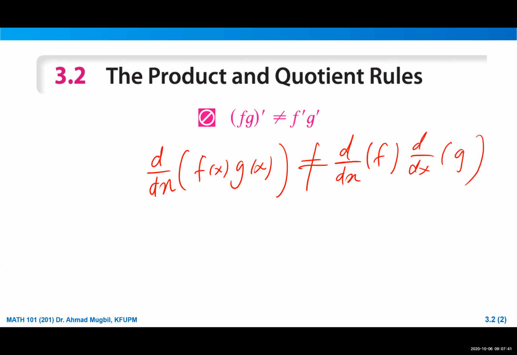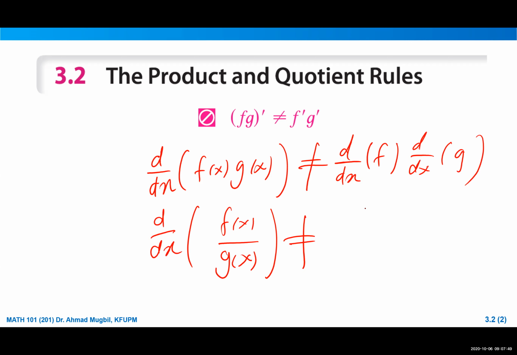You cannot distribute the derivative over the product. The same goes for the quotient. If you have f over g, the derivative is not the derivative of the numerator over the derivative of the denominator. So be careful. This is not true.